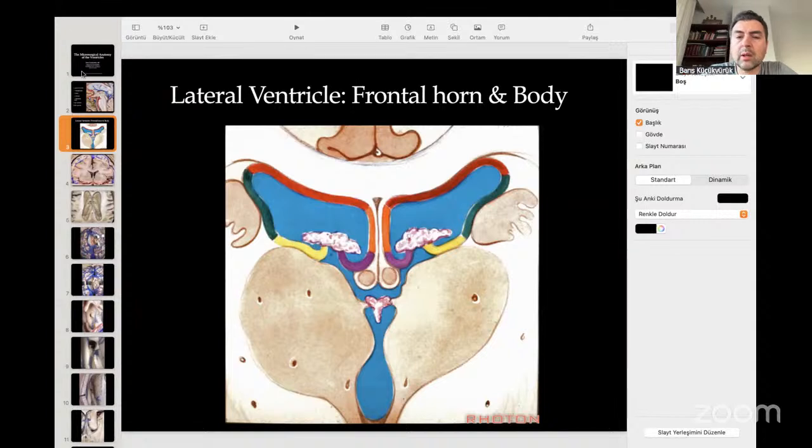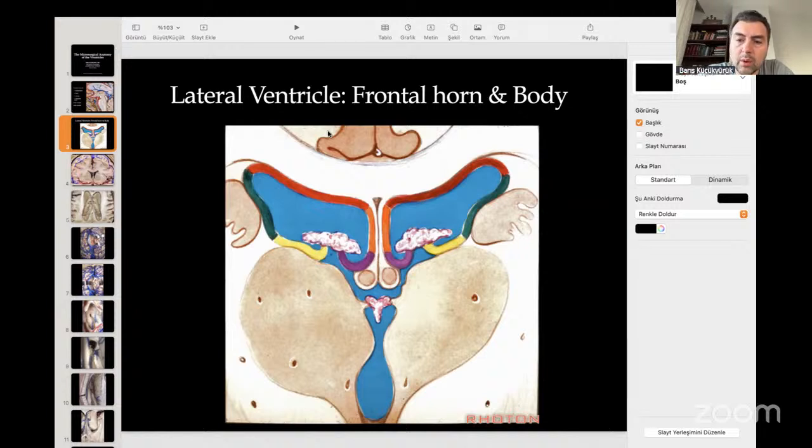Here we see the corpus callosum forms the roof of both the frontal horn and the body of the lateral ventricle. On the lateral wall, there is the caudate nucleus. Anterior to the foramen of Monro, it is the head of the caudate nucleus, but posterior to the foramen of Monro, it is the body of the caudate nucleus.